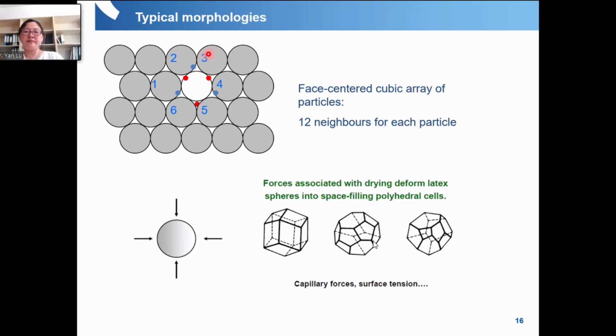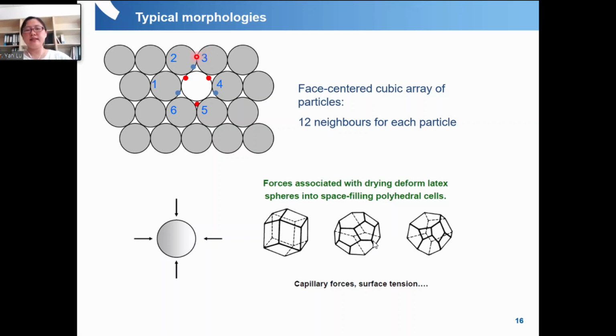It means you have contact with 12 different neighbor particles, and all these contacts give a force associated with the deformation of the lattice during the drying process.